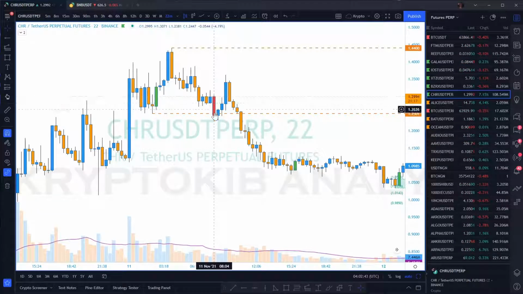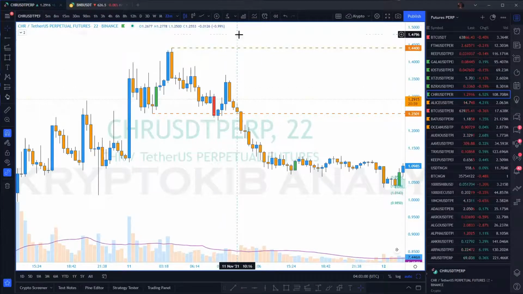We have a close below the lows of the invalidation. Then the next candle closes right above it. And if you look at this particular candle, it retested these same lows and used them as support to rally. Some people will see this and say price will still go higher.